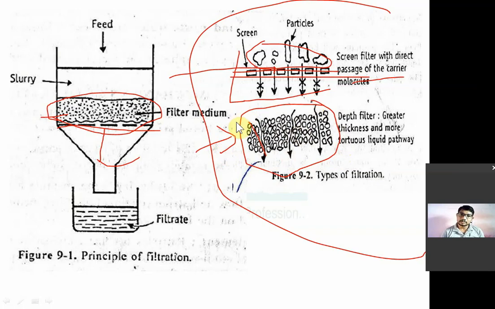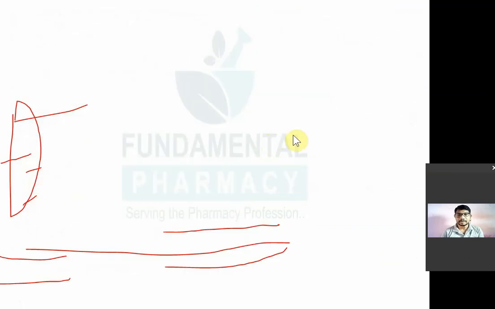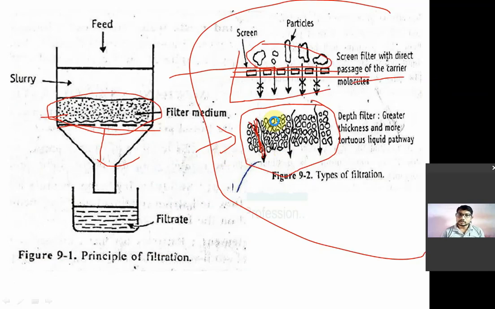Now in depth filtration, as there is an accumulation of solid particle layer on the screen, the liquid moves through small capillaries or channels between the particles, and that is not a linear flow, that is a tortuous flow. A capillary can be zigzag, so that is a tortuous liquid flow, okay.